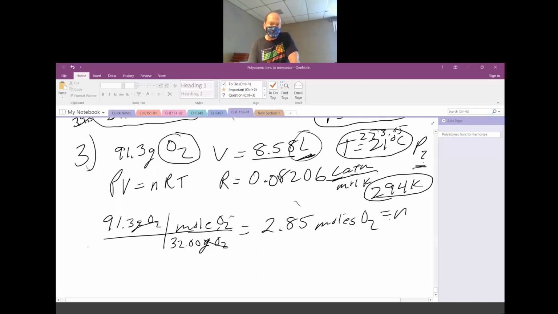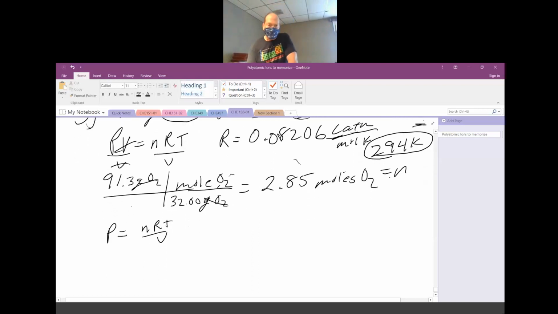All right, so your pressure, when you solve for pressure, it is nRT divided by V. We get to do that again. Do not miss these because you don't know simple algebra. Divide both sides by V. All right, so you have 2.85 moles of oxygen.